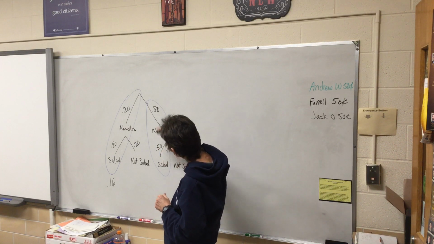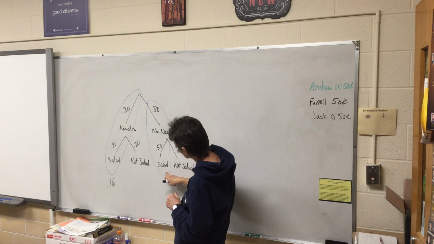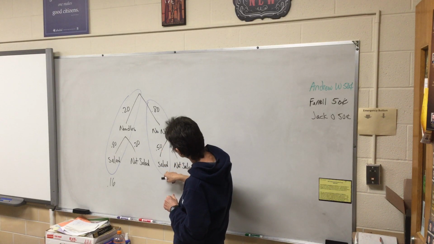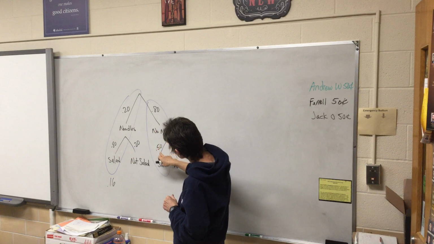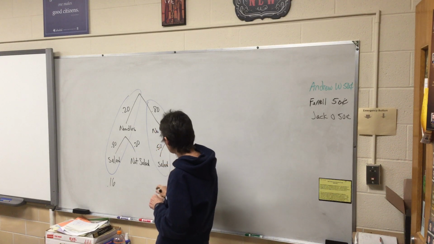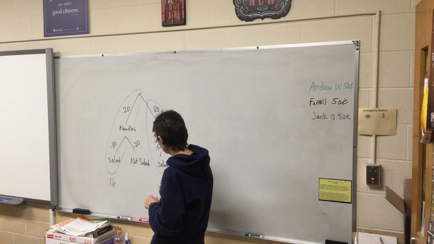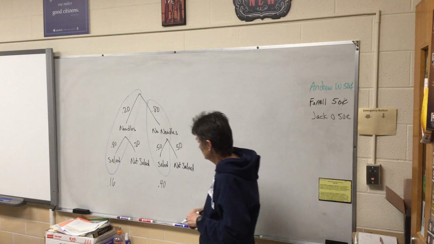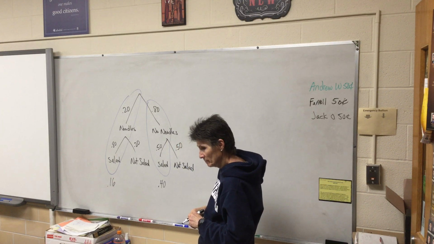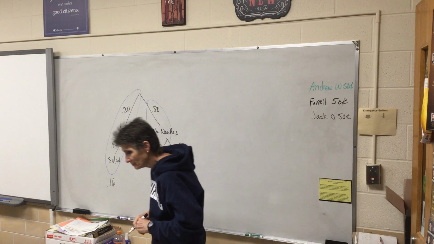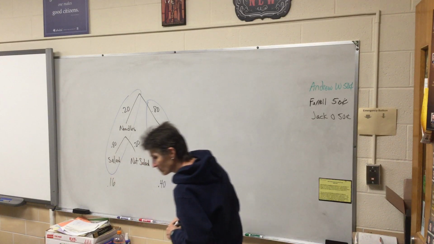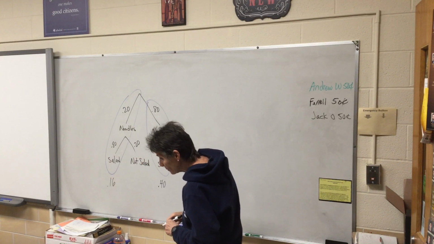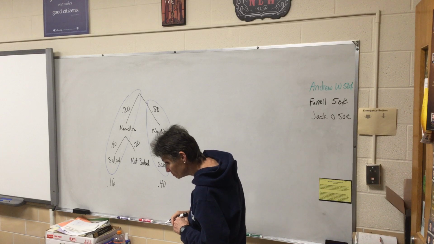And then you're going to come over here. This is the other branch you want. You want to end in salad. So 0.8 times 0.5, so 0.4. And then what are we going to do with those two?